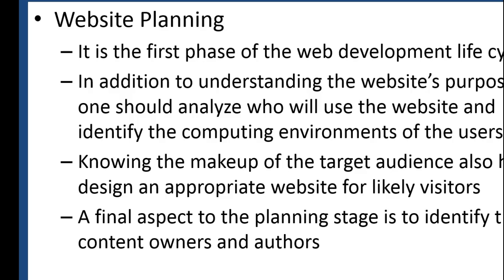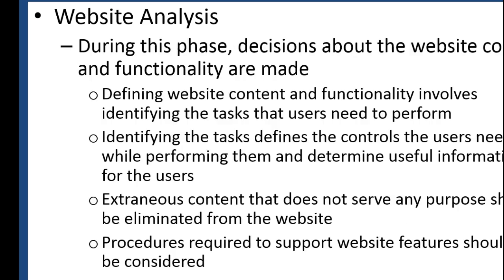The final aspect of the planning stage is to identify the content owner and also the authors. The next phase is called website analysis. During the analysis phase, you can make decisions about the website content and its functionality.